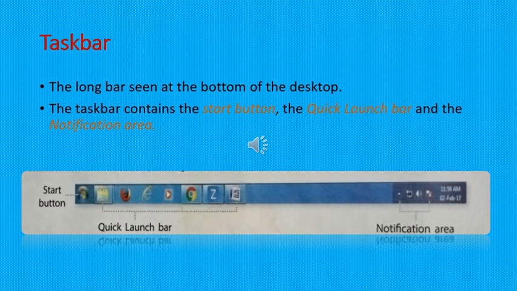Then we can move the taskbar to any edge of the desktop: left, right or top. By default it is present at the bottom of the desktop. For moving the taskbar, we can click and drag the taskbar to the right, left or top edge of the desktop.